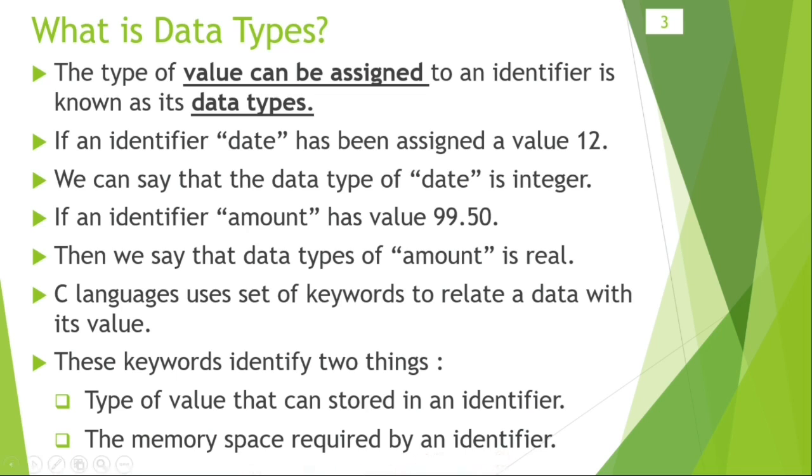Which type of memory and how much memory will that identifier require? Whether you give an integer, a float, or any character, whatever values you assign in your declaration, it always takes memory space, so the identifier also requires memory space.